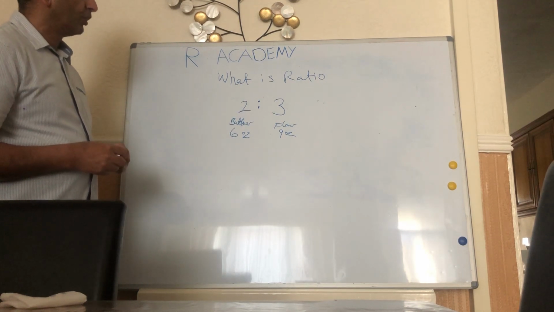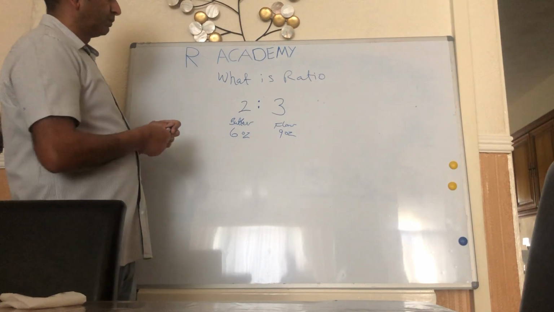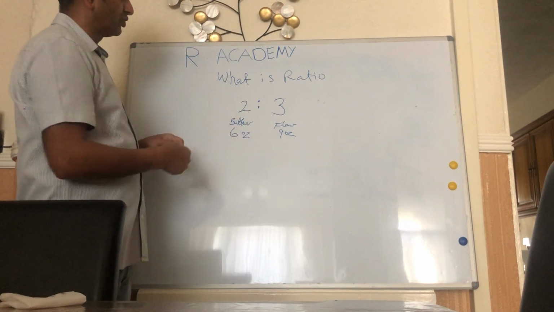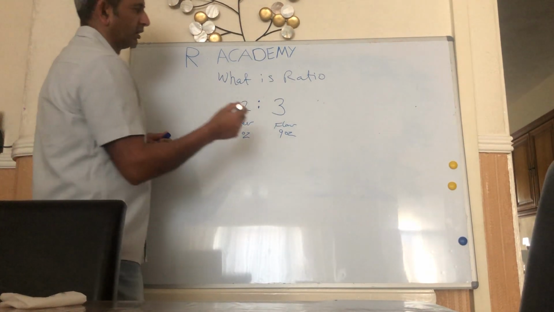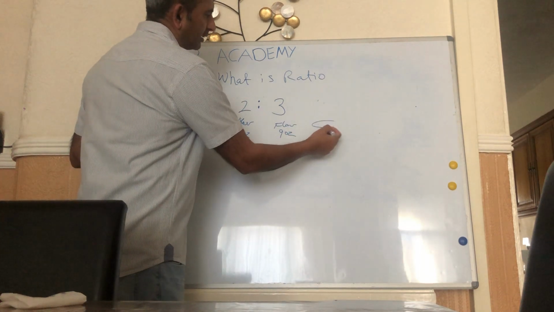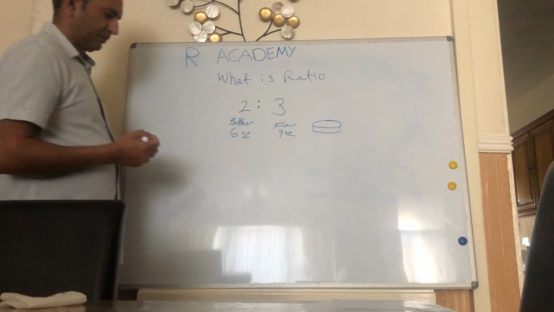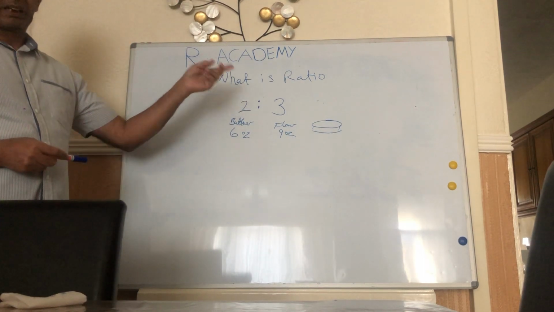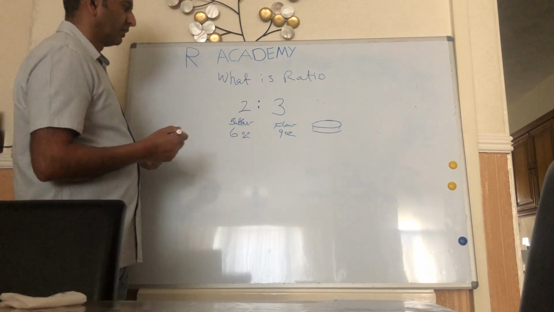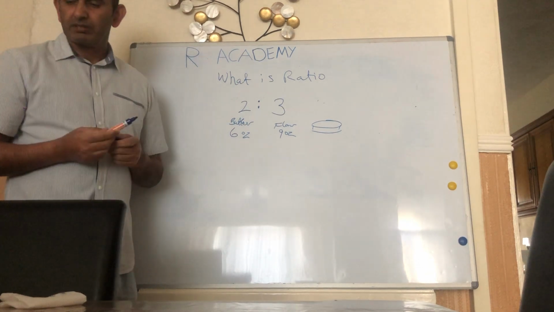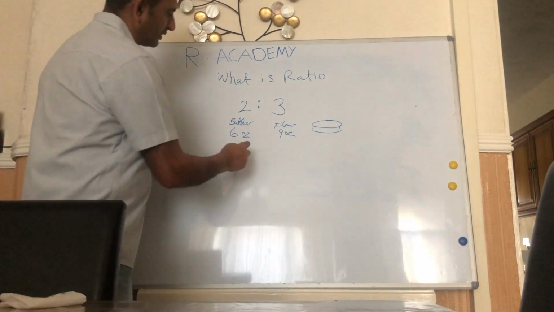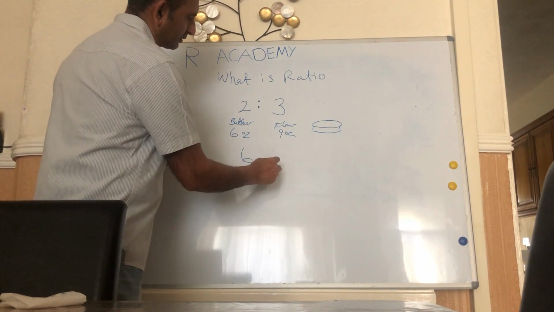Yeah? So basically, if you've got a 2 to 3 ratio, you make a cake. It would be a small cake. If you wanted to make a bigger cake, you could make that into, say, 6 to 9.